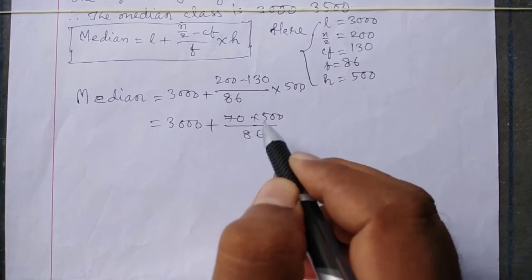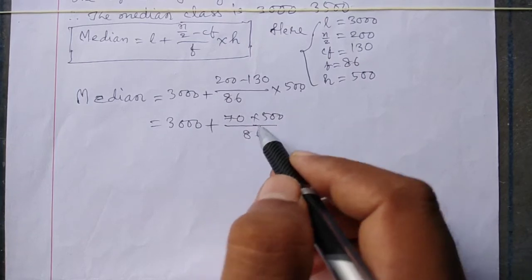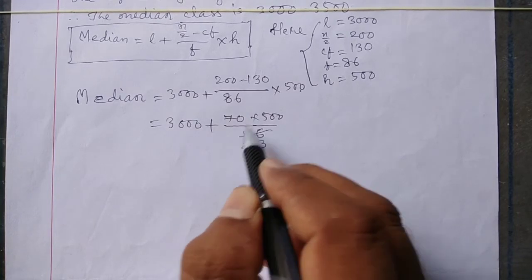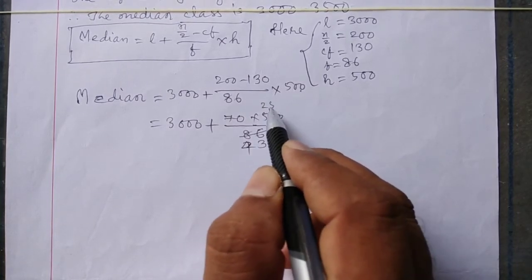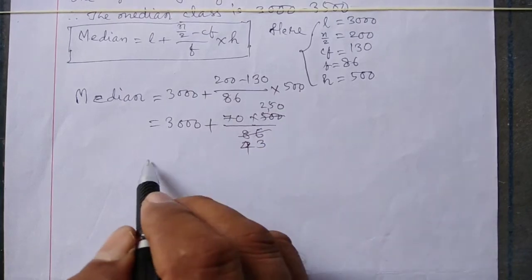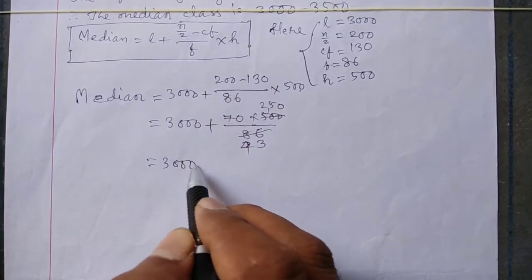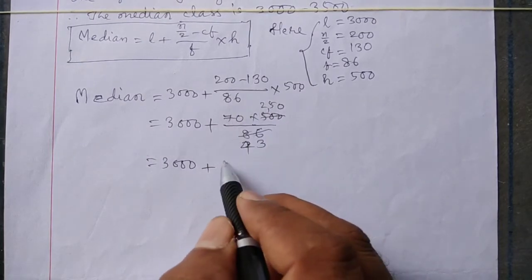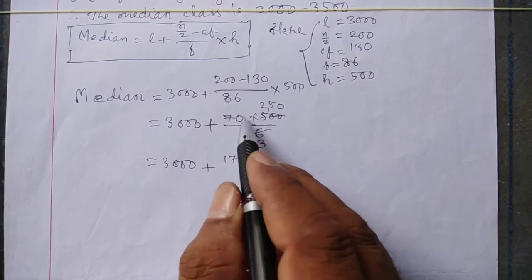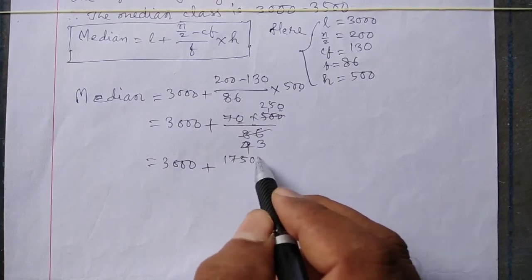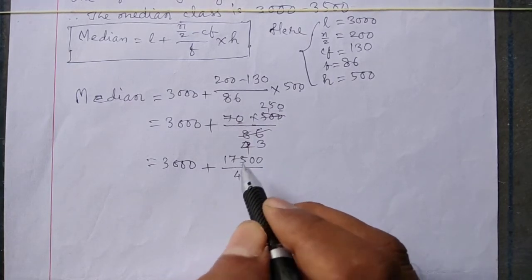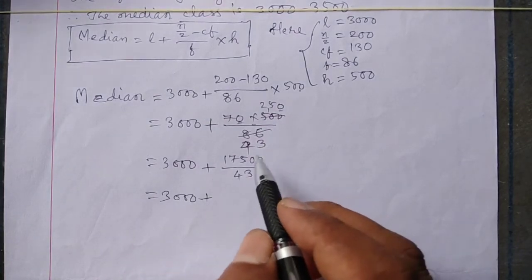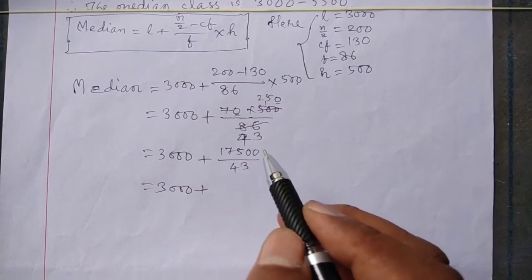Now we cancel: 2 into 43 is 86, and 500 by... 2 fives are 10, so 3000 plus 70 into 250 by 43, that is 3000 plus 17,500 by 43. We have to divide 17,500 by 43.